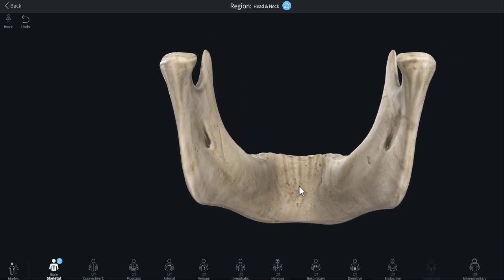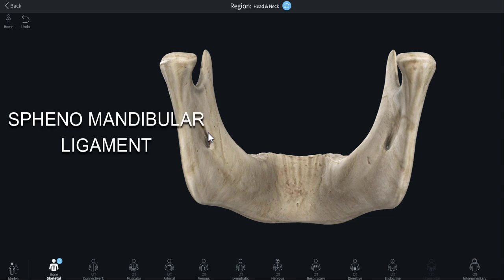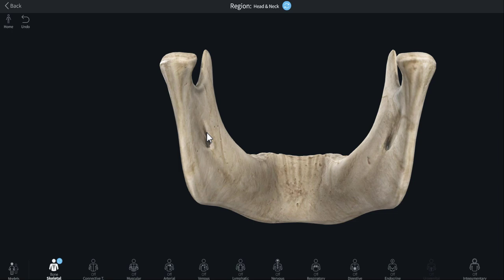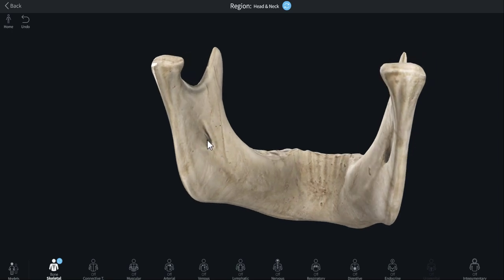This is an important site because it provides attachment to a very important structure, the sphenomandibular ligament. It is a tongue-like process just related to the mandibular foramen.